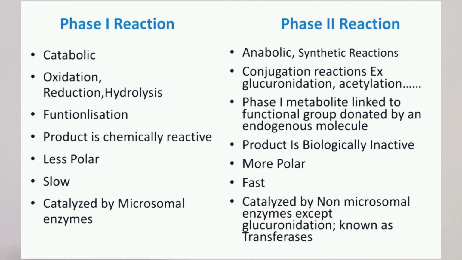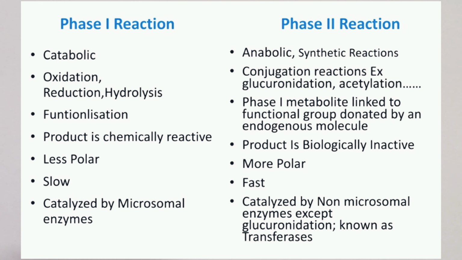The product of Phase II reaction is chemically reactive so that it can interact with a functional group donated by an endogenous molecule, and the final product is biologically inactive. As the reaction proceeds from Phase I to Phase II, the drug becomes more polar in nature. So the product formed in Phase I reaction is less polar compared to the product of Phase II reaction.